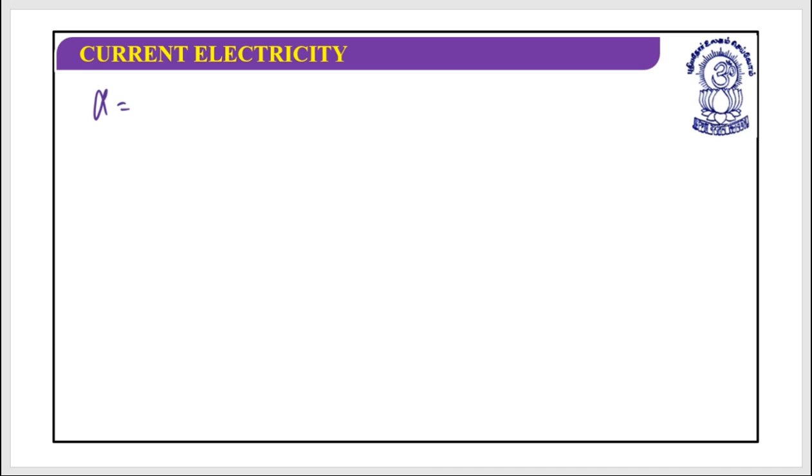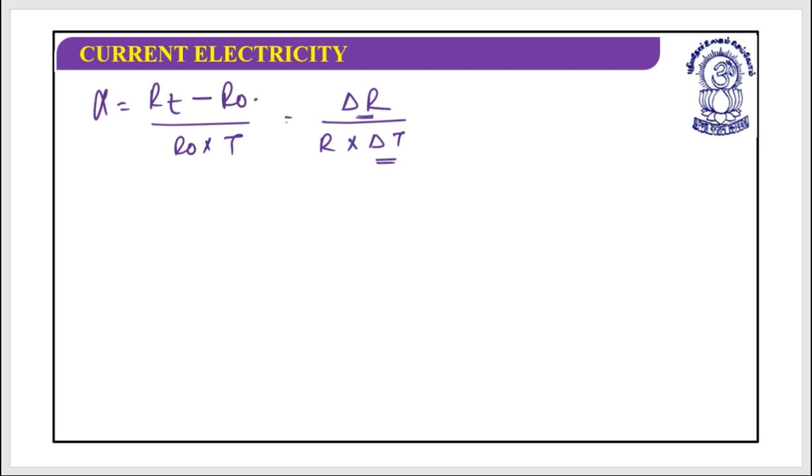One more thing, and very important. As I know, alpha equals RT minus R naught divided by R naught into T. So I can write it like this: delta R by R into delta T. If these changes are very small, what I can have is that alpha equals 1 by R multiplied by dR by dT.